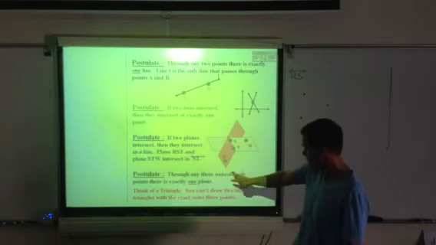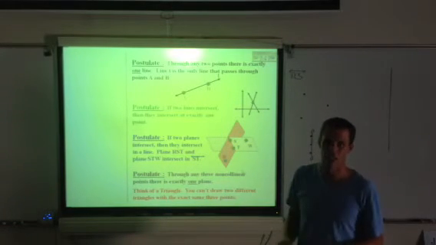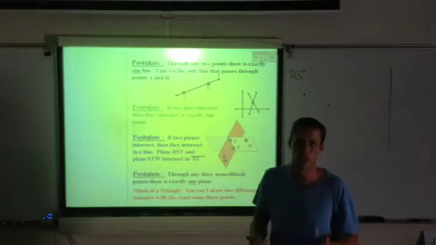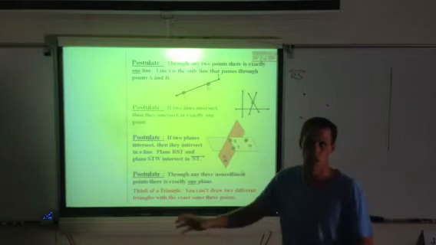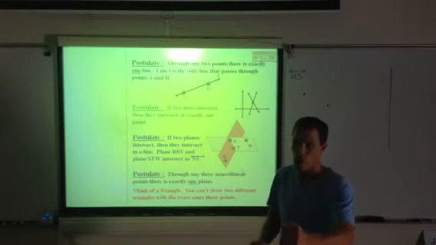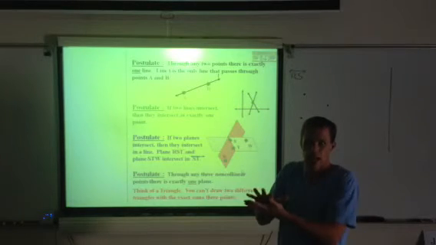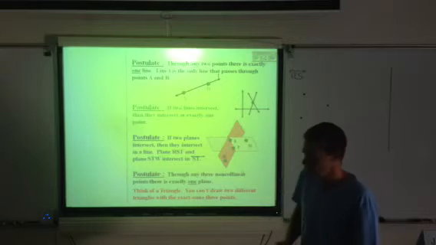So any 3 non-collinear points will guarantee you one flat surface. Kind of like a tripod, which I'm using to video this. Tripods put down 3 legs. No matter how unlevel the ground you're going to, once you put those 3 points down, it is stable. That is because those 3 points are now creating one flat surface for the tripod.